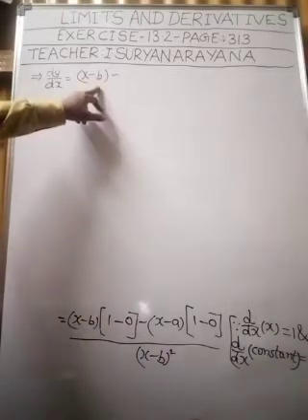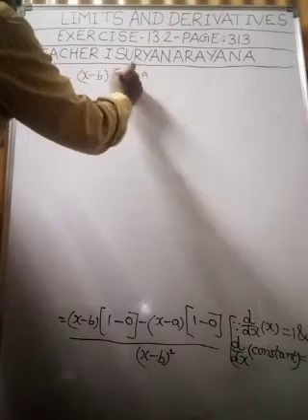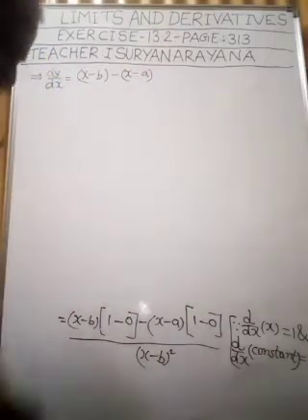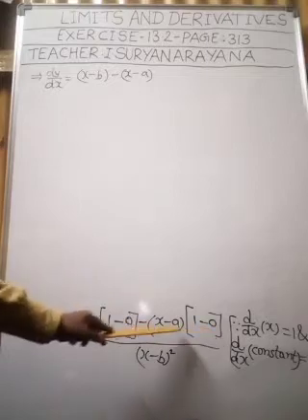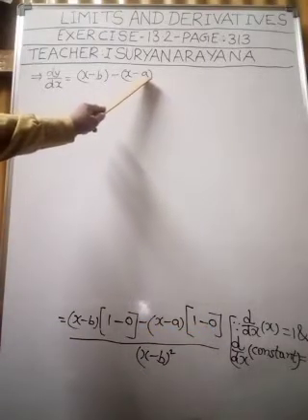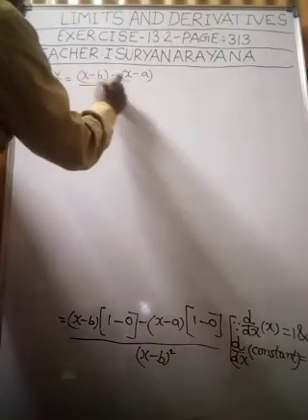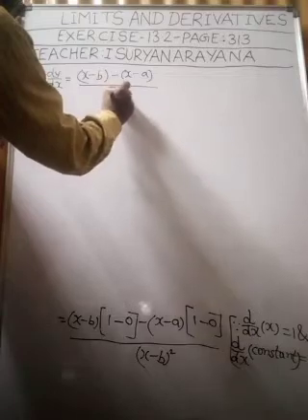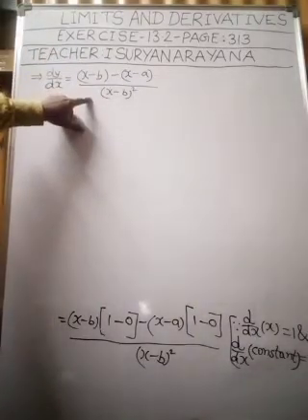I wrote directly minus x minus a into, in this bracket what will we get? 1 minus 0, 1. So x minus a into 1, x minus a only. That is the second term. Understood this is the second term, my children, in the numerator? Right. Whole divided by x minus b whole square. Understood this step, my children?